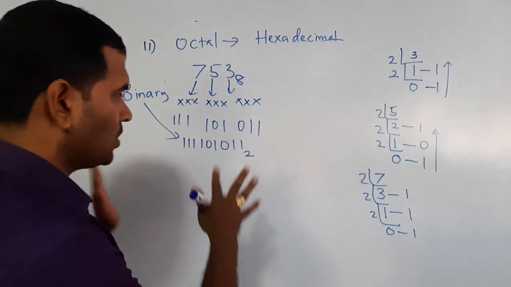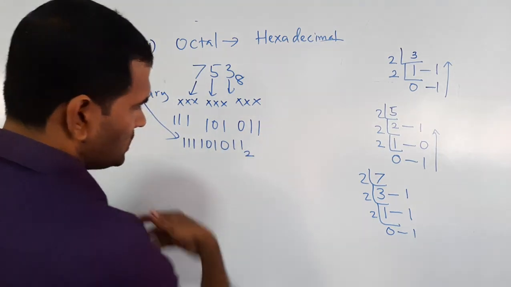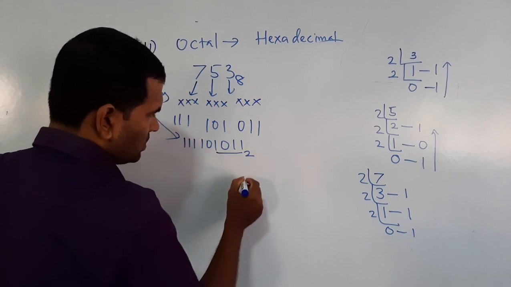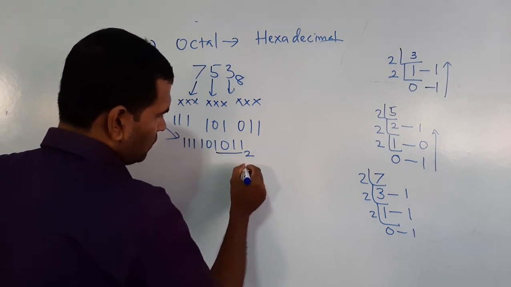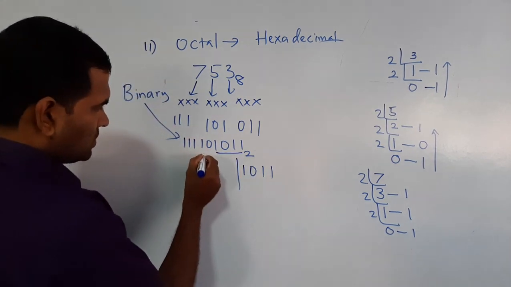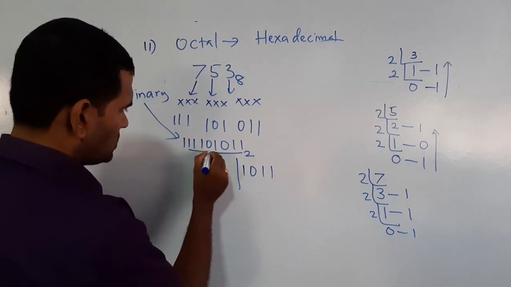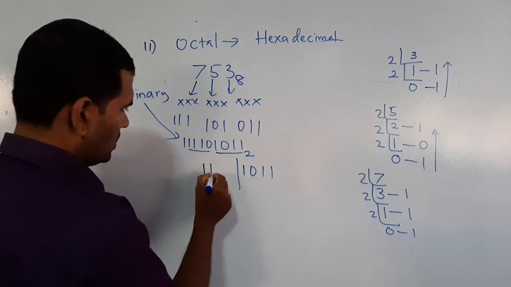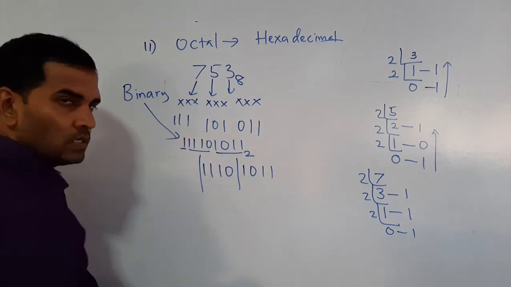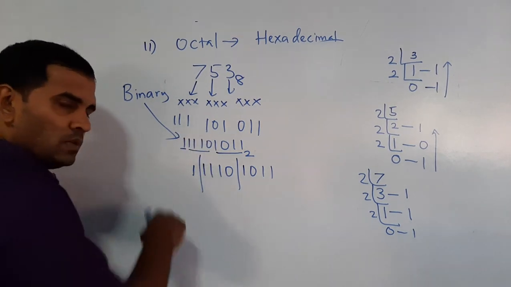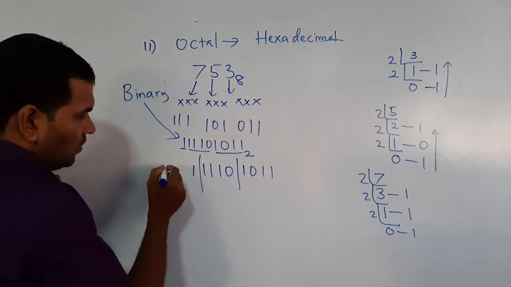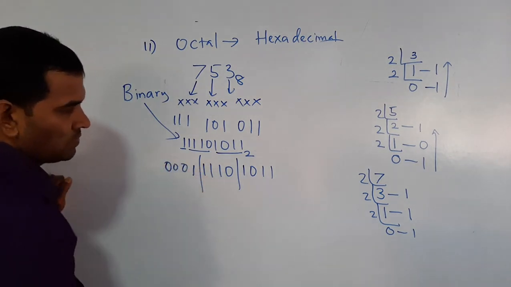We already studied how to form the groups. From the right side, you can form your groups, right? So in my last group, these 4 digits are there: 1, 0, 1, 1. In the next group, you have another 4 digits: 1, 1, 1, 0. Look here, at the beginning there is 1. Put the 1, because that belongs to another group. 1. To take 4 digits, you need to add 3 zeros.